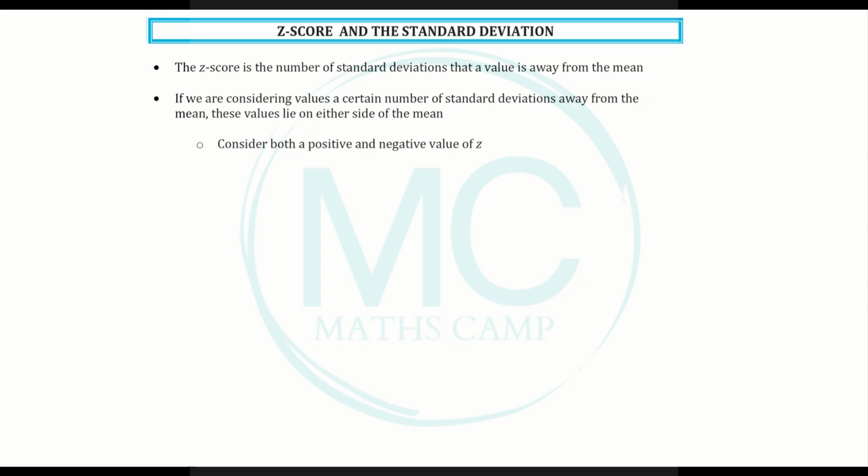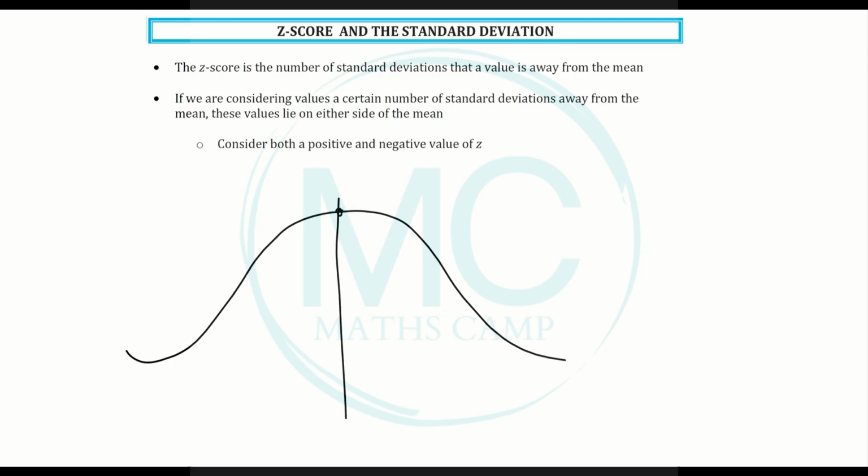Remember that a normal distribution takes on the shape of a bell curve, and the mean, mu, always lies in the middle. If we have values that are a set standard deviation away, they will lie on this side, where z is positive, and they will lie on this side as well, where z is negative.